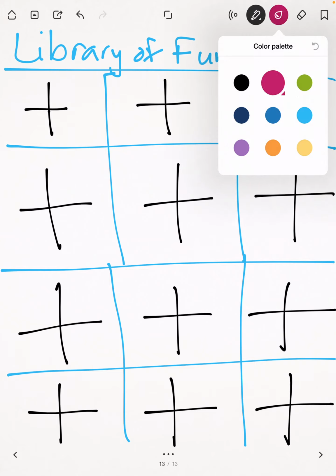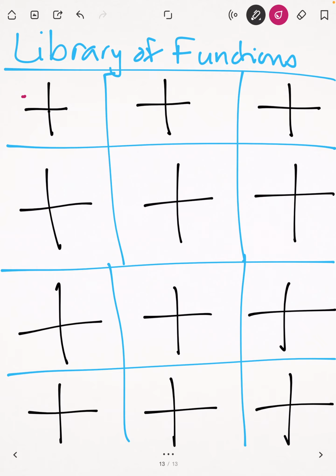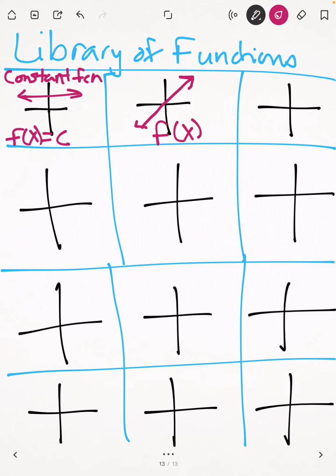here if we have something that's just constant at some point, that's our f of x equals c, our constant function. If we have something that passes through the origin with a slope of 1, f of x equal to x, remember we called that the identity function.